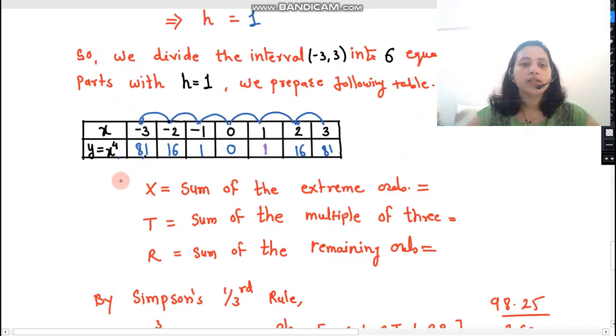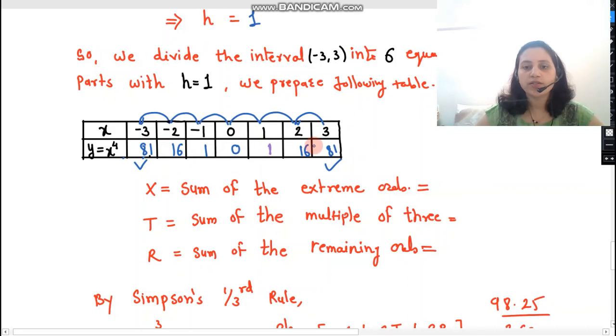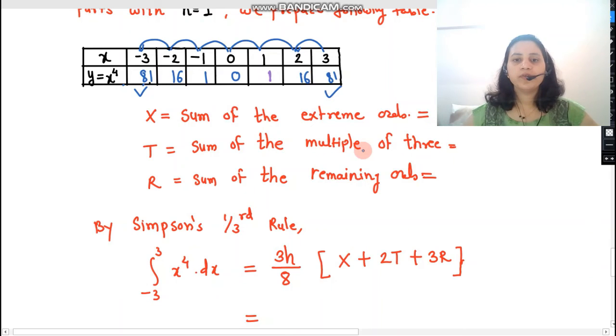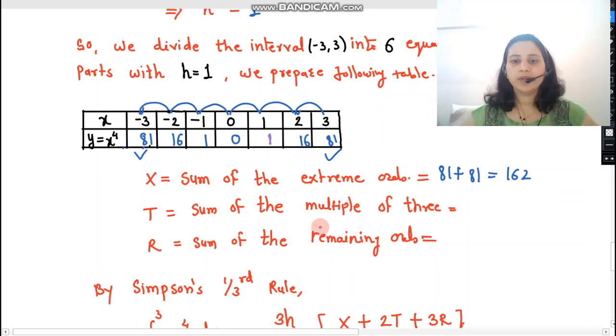Okay. Now y. What is the formula to find out y? x raised to 4. This is our given function. So let's find out the values of x, t and r. The sum of extreme ordinates, that means first and last ordinate, is 81 and 81. So 81 plus 81 we get 162. Now let's find out the value of t, that is the sum of multiples of 3.